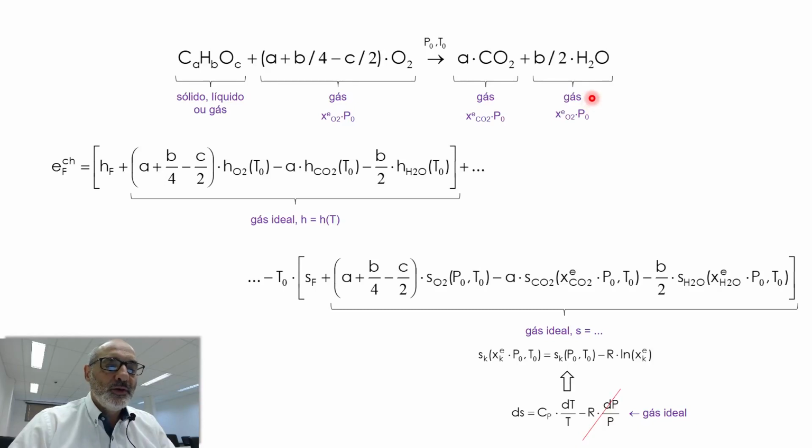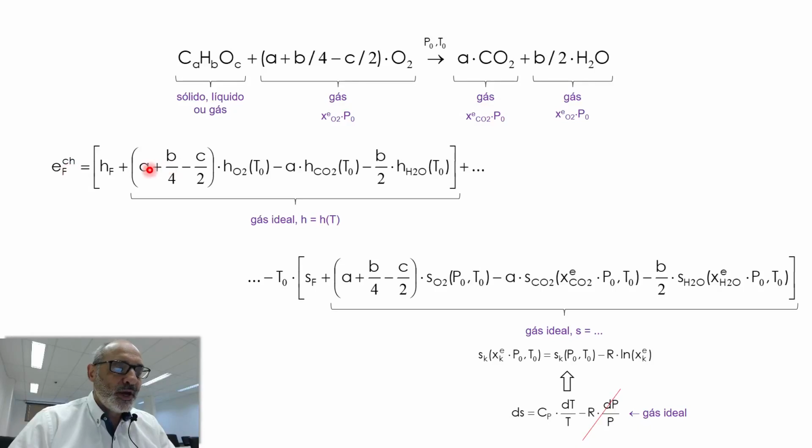H2O is a gas, also CO2, also O2, but our fuel, it may be paraffin, for instance, may be solid, liquid, or gas. Let's make our calculations considering everything ideal gases. If it's an ideal gas, the enthalpy depends only on temperature, so where I see an enthalpy, I can write it in terms of the corresponding temperature.